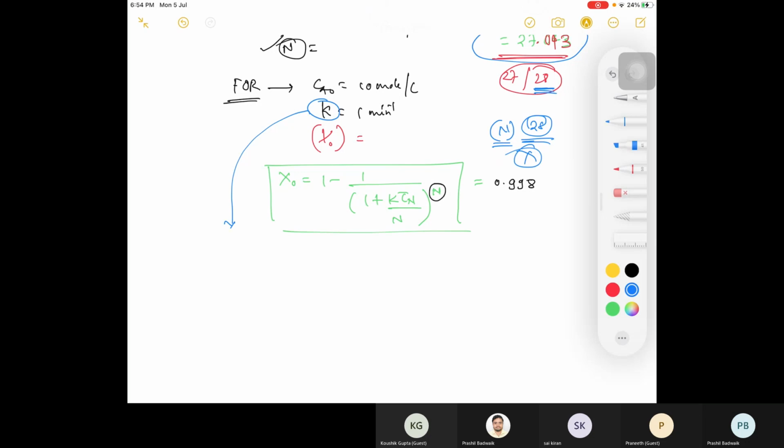Had we studied it previously? Any method you know? Sir, we can assume rate is equal to k times C_A to the power x, C_B to the power y.